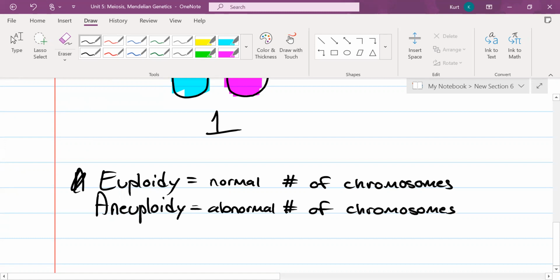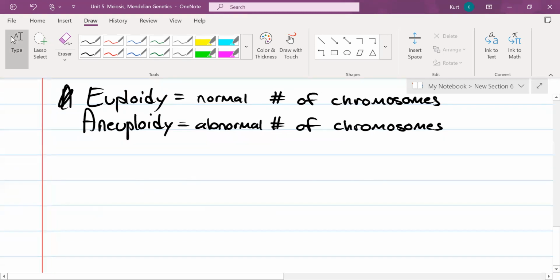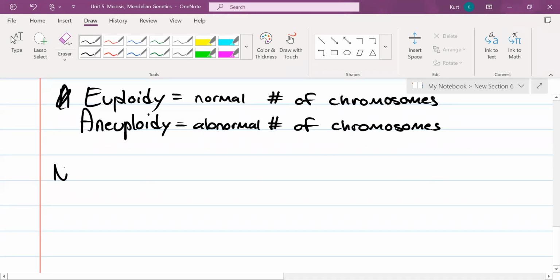If you have Down syndrome, you have 47 total chromosomes. My aunt had 45. She was missing one of her X's. She was aneuploidic. This all happens because of non-disjunction.